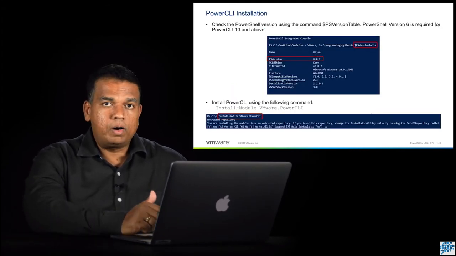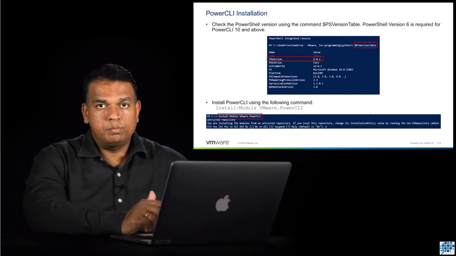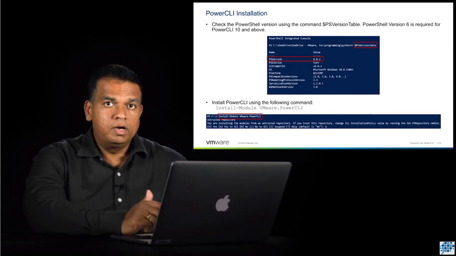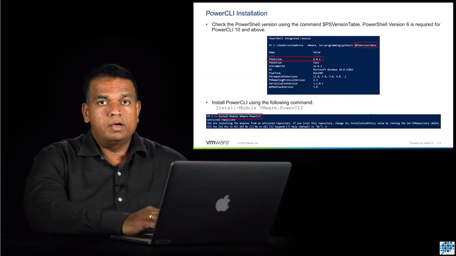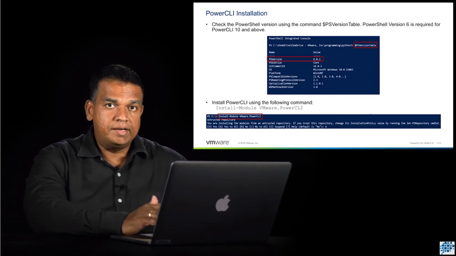After you have installed PowerShell, it is very important you check that it has been properly installed and you have the latest version which is required for installing VMware PowerCLI. For using VMware PowerCLI 10, which is basically the latest version of PowerCLI, you might need the latest version of PowerShell, which is version 6.